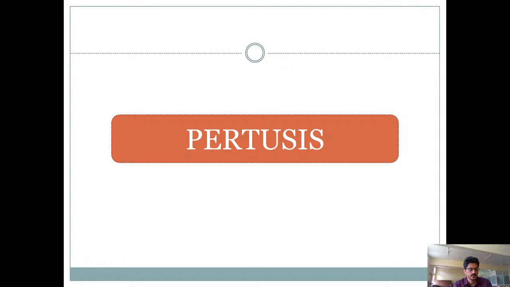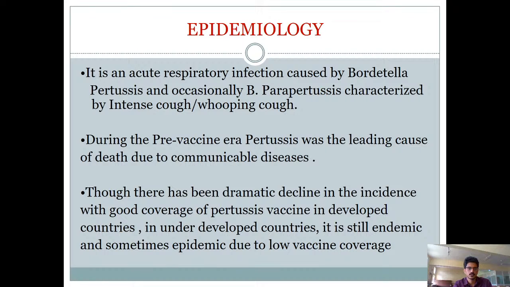So coming to pertussis, whooping cough. Coming to the epidemiology, it is an acute respiratory infection caused by Bordetella pertussis and occasionally Bordetella parapertussis, characterized by intense cough or whooping cough.